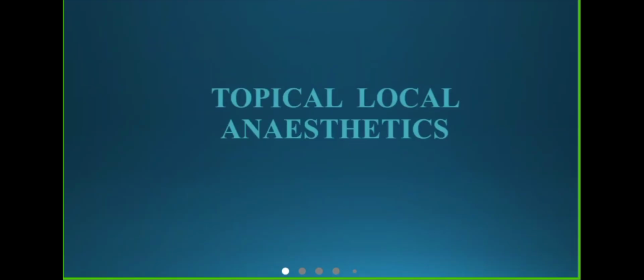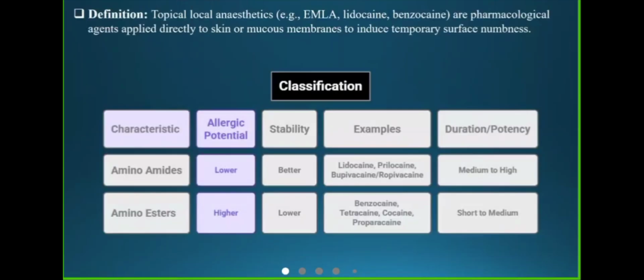Now, the topical local anesthetics. What are topical local anesthetics? They are basically agents which are applied directly to the skin or mucous membrane to induce temporary surface numbness. These anesthetics are useful for blocking pain sensation and also for performing some small surgical procedures.